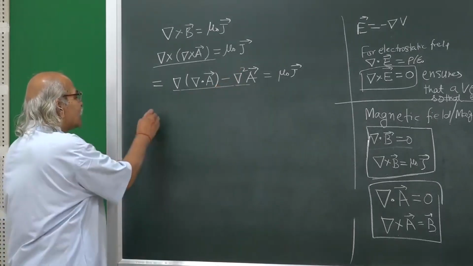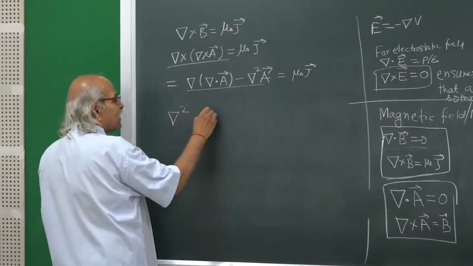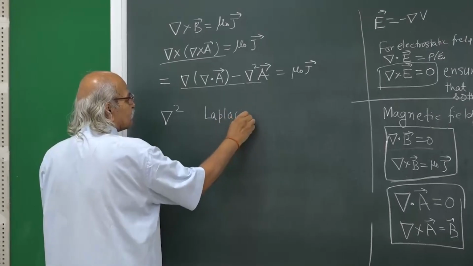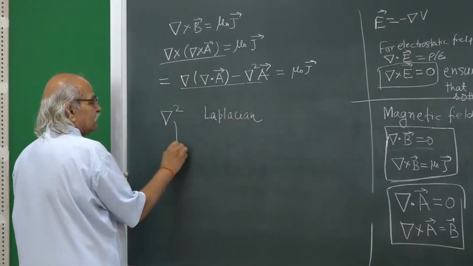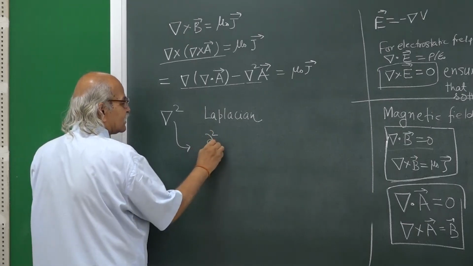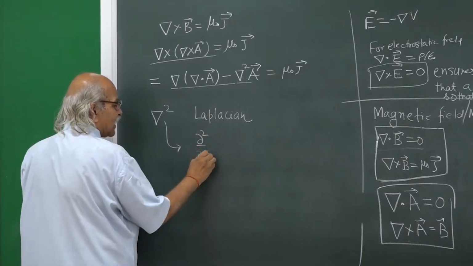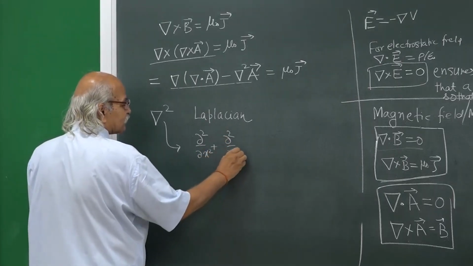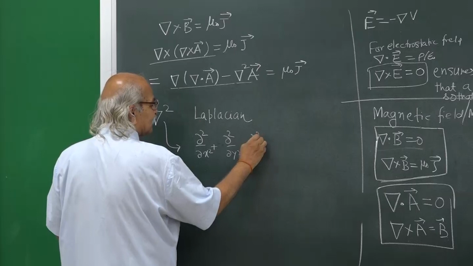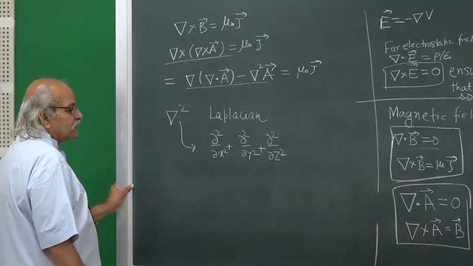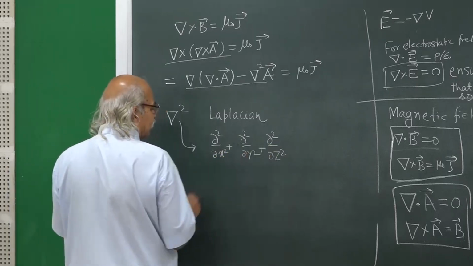This del square is called Laplacian, and if you are using Cartesian coordinates, it is just del 2 over del x square plus del 2 over del y square plus del 2 over del z square, and generally operated on a scalar function.